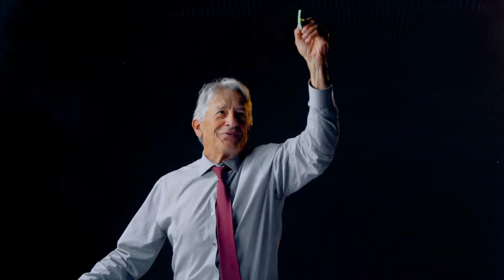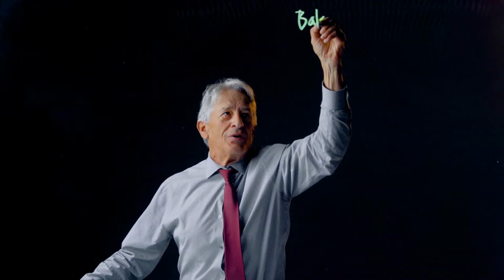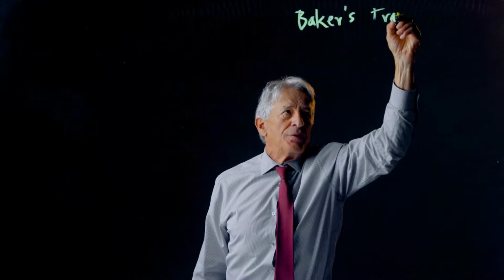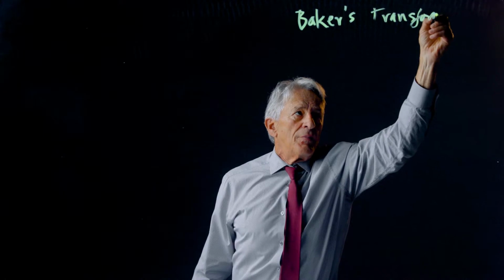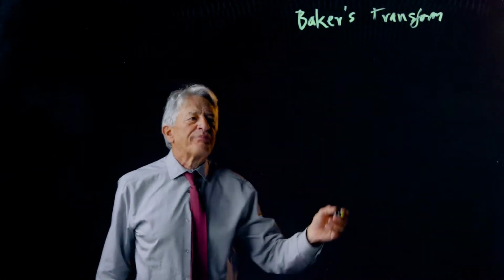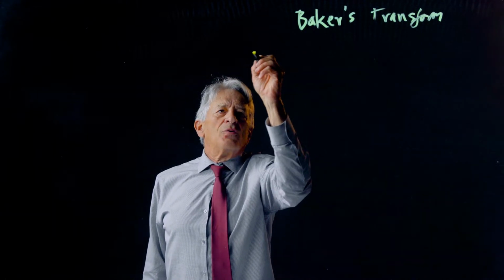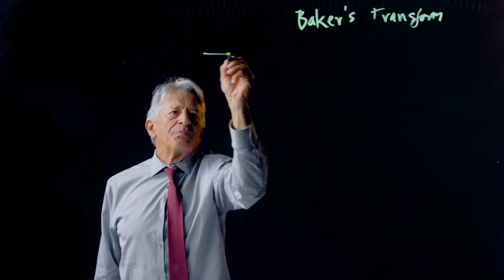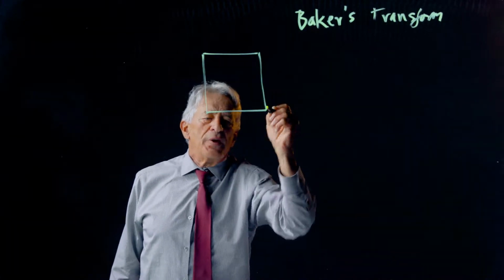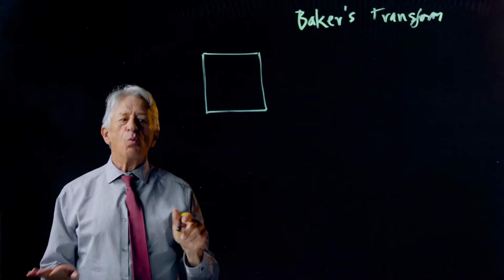This particular function that I'm going to show you is called the Baker's transformation. And it goes like this. I want you to consider a square, which you may think of as a square of dough.